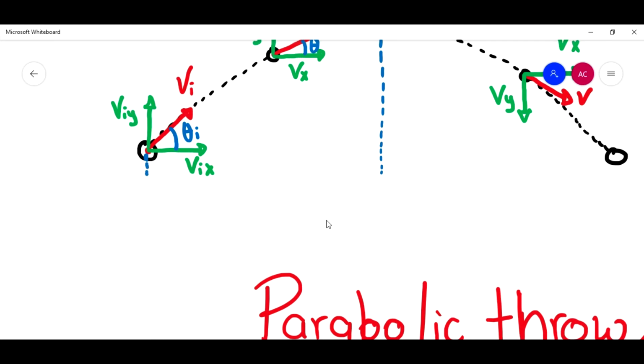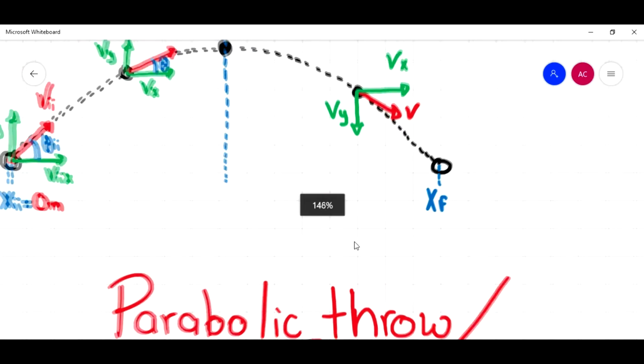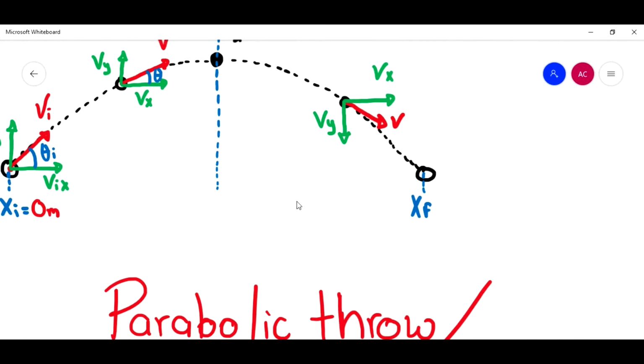So here it's going to have an initial position that most of the time is 0 meters, okay? And at this point is where the motion ends. So here I'm going to have the final position, okay? How much is that? Well, that depends on the velocity, the initial velocity, and the initial angle.